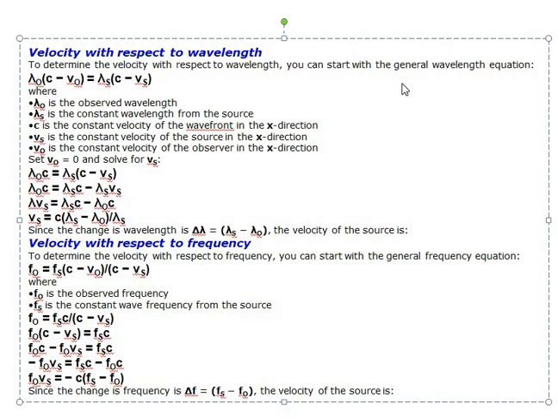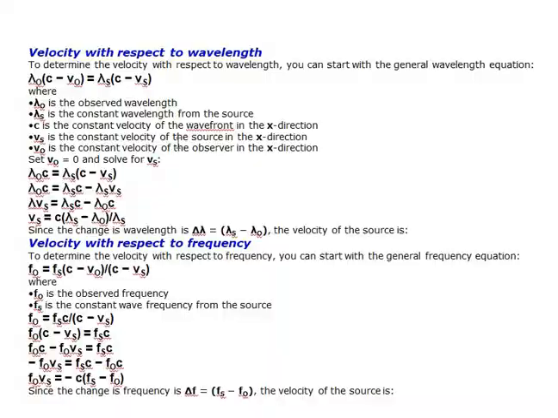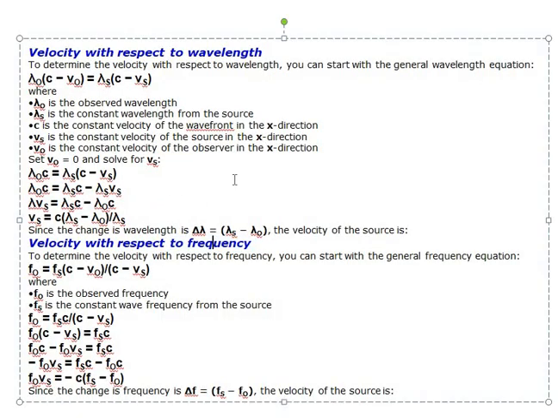And we can see the wavelength or velocity with respect to the wavelength, where the wavelength is c, and c is the constant velocity in the x direction and constant velocity in the y direction, and the wavelength with respect to frequency is used to determine the velocity. Here the frequencies observed are the observed frequency and the constant wave frequency from the source.